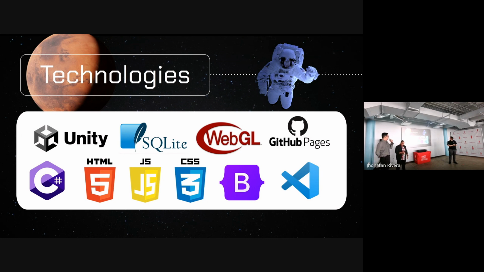We also have WebGL, which creates the entire build and is also hosted on GitHub Pages. We do have SQLite. However, due to some compatibility issues with WebGL, it did not work, but we will explain that later in the presentation.